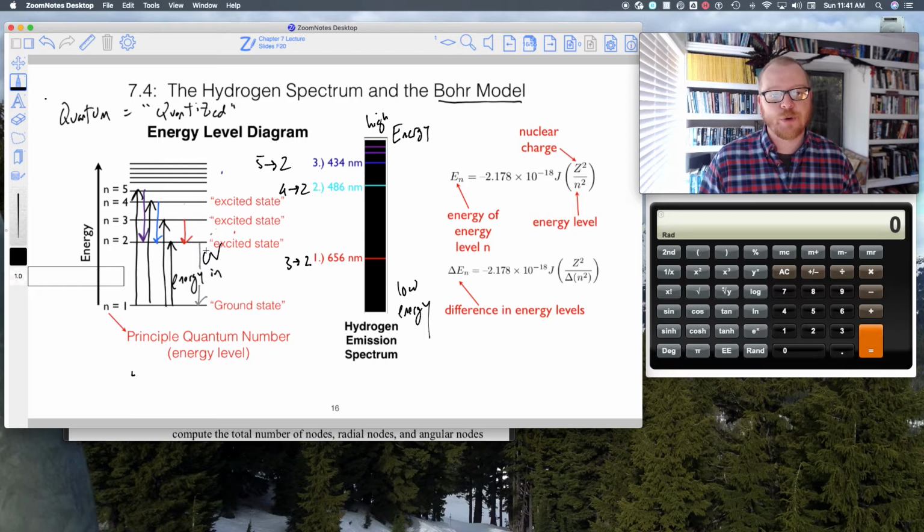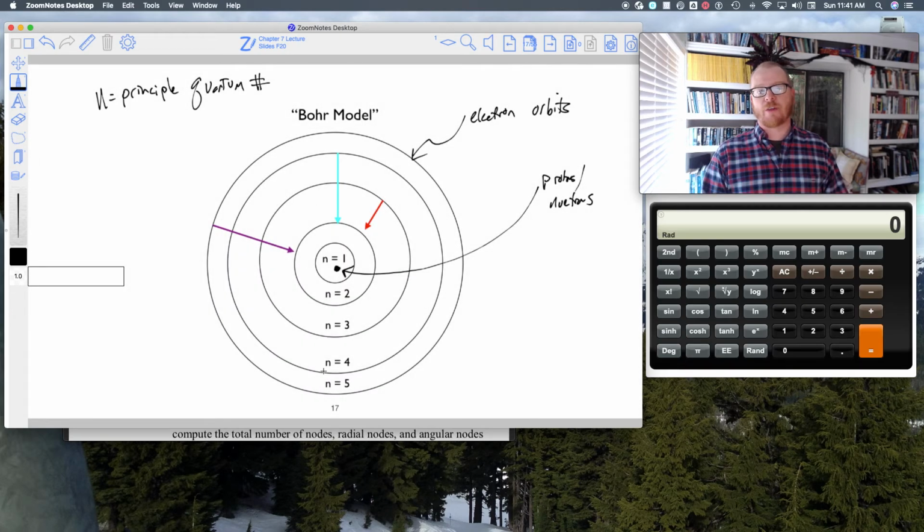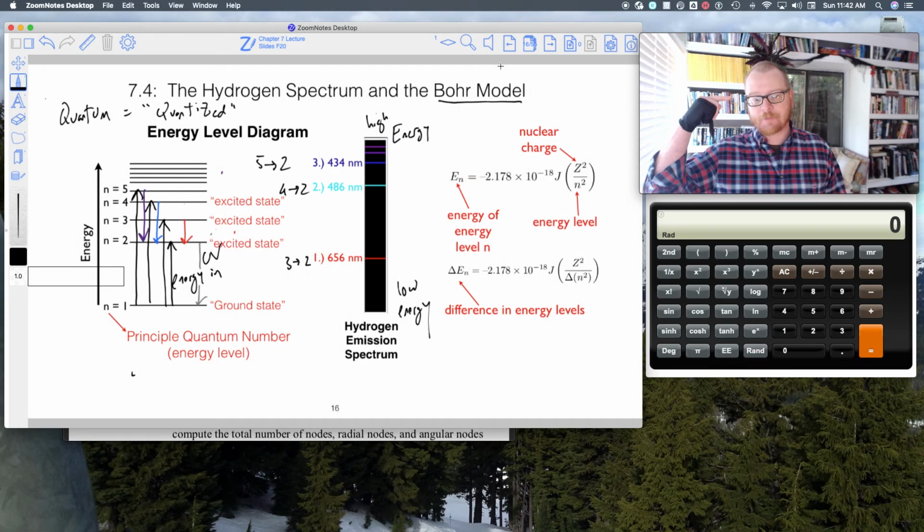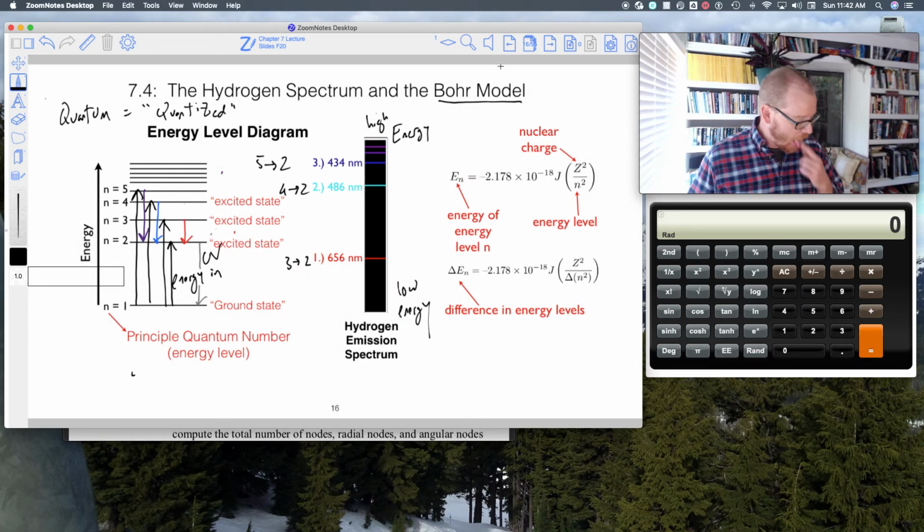But once again, this 3 to 2 gives you that red line, this 4 to 2 gives you that blue line, and this 5 to 2 gives you that purple line, okay? And that's being shown to you here on this Bohr model with all of these indicated lines, right? From 5 to 2, from 4 to 2, and from 3 to 2. And certainly 2 to 1 exists, that happens, but we wouldn't be able to see that visibly with our eyes because it's ultraviolet, okay?